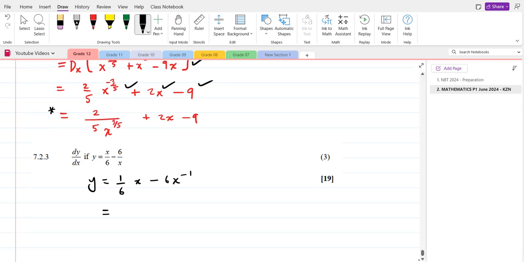Right, so now we have dy/dx, don't write y prime please, change in y over change in x, that's 1 over 6, minus 1 times 6 is plus 6, x to the power minus 2, and we can write this in positive exponent, that's 1 over 6 plus 6 over x squared, right, and that's the answer.